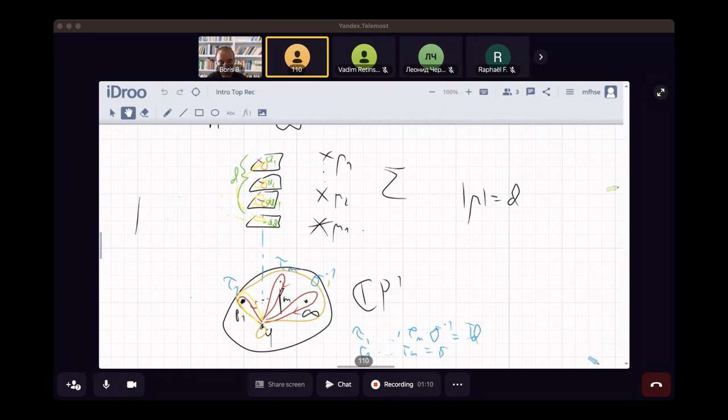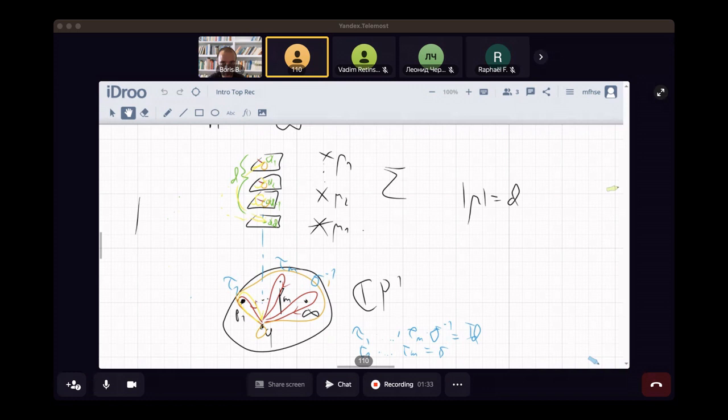Up to now, we were able to check by hand some small cases, some simple examples where we can by hand see that topological recursion works for various types of Hurwitz numbers.